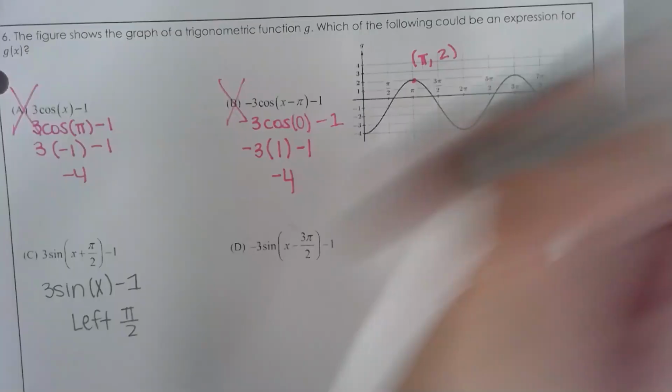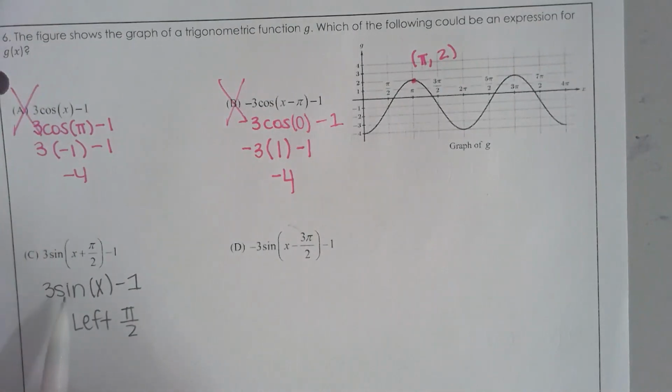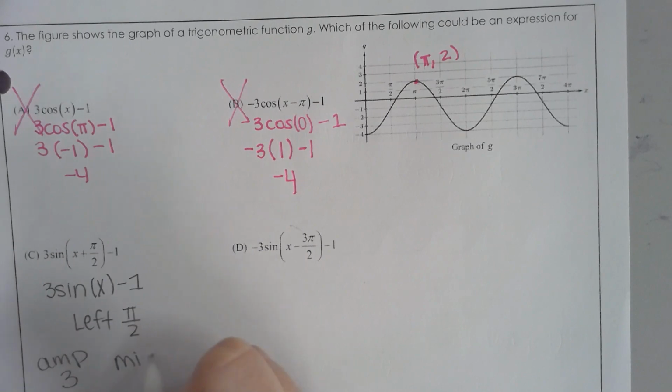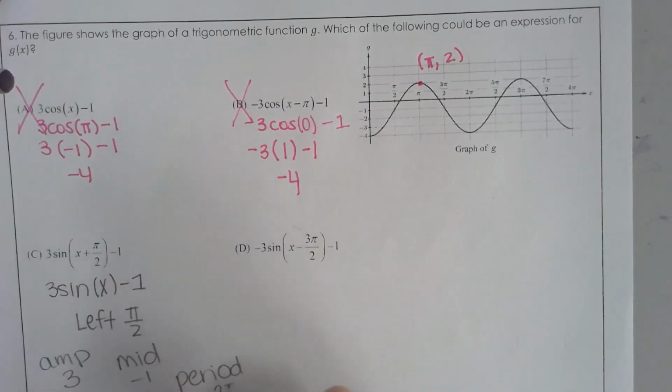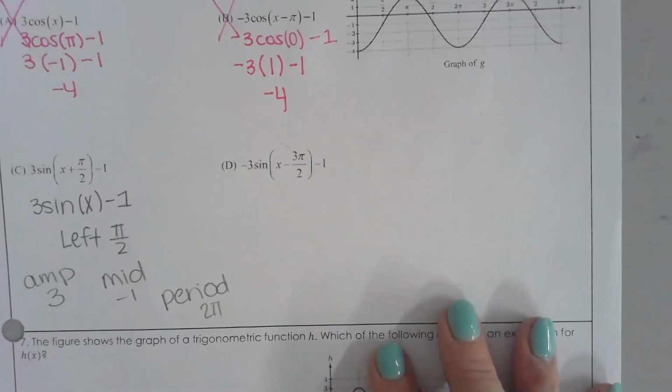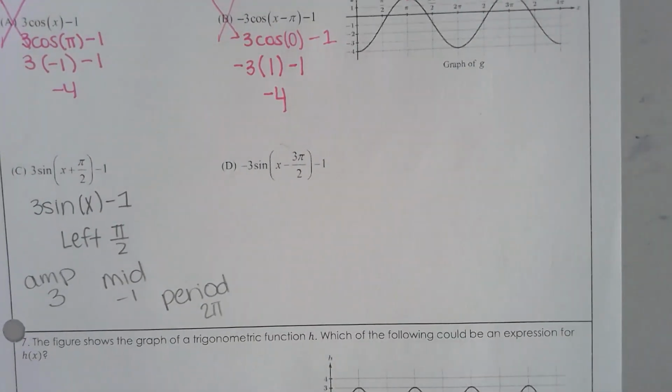Okay. So this has an amplitude of 3, midline of negative 1, period of 2 pi. Okay, so I just wrote those notes down. If I was taking the AP exam, this is literally what I would write down.